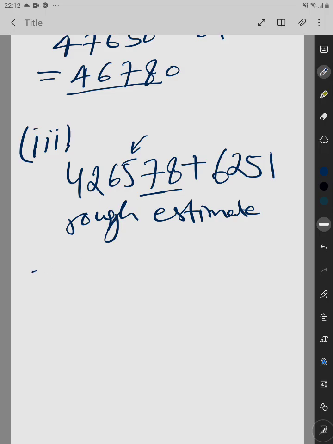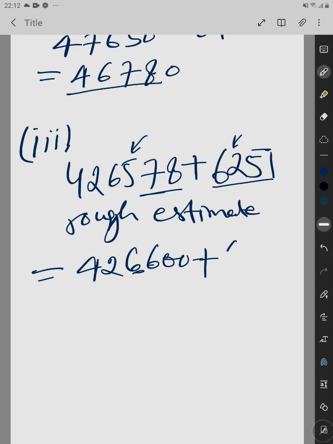So it will become 426600, plus what will become of this one? Because it is 51, it is nearest to the higher one, so 2 will become 3, it means 300. 251 is nearest to 300. So 6300 plus 426600.